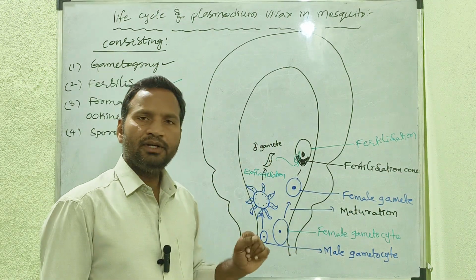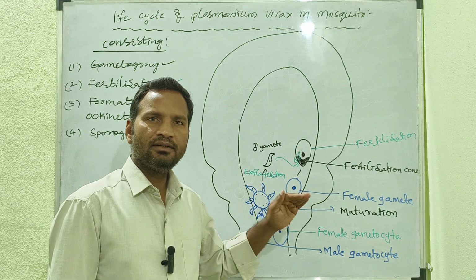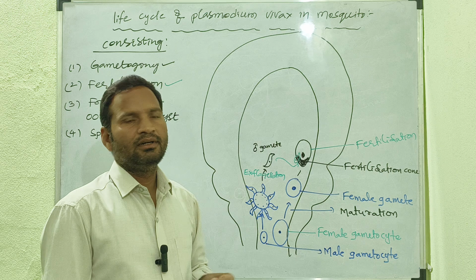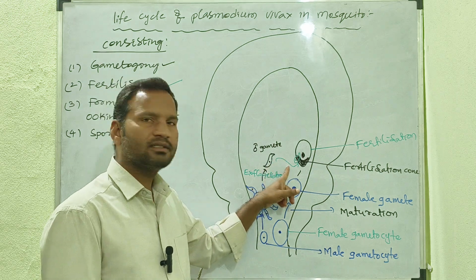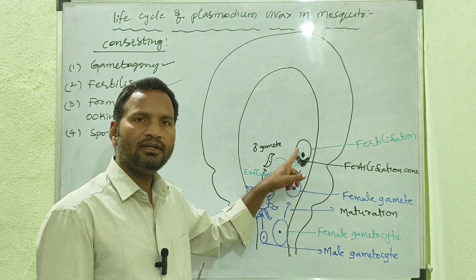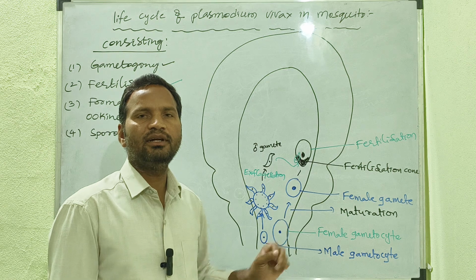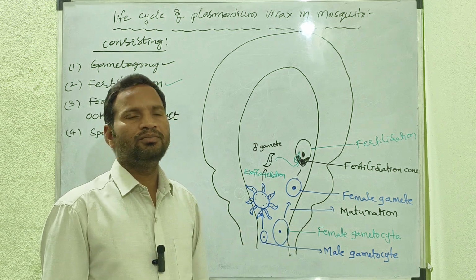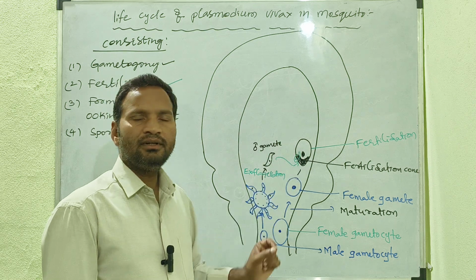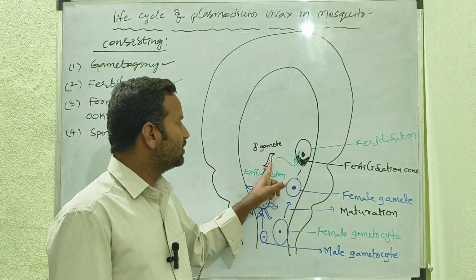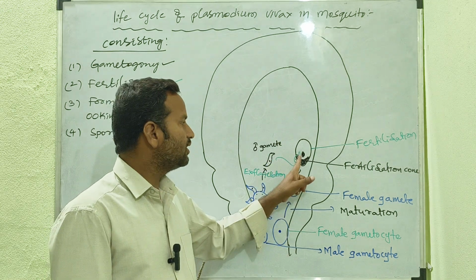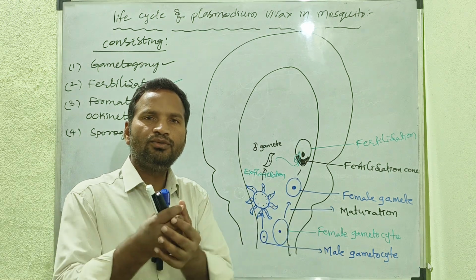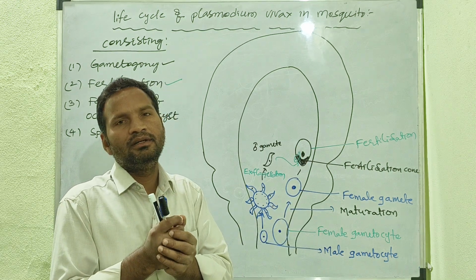The male gamete, which can move actively, makes contact with the female gamete, then enters into the female gamete through the fertilization cone. After that, the nucleus of the male gamete and the cytoplasm of both male and female gametes fuse with each other.